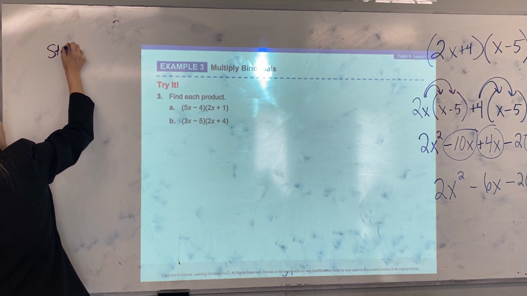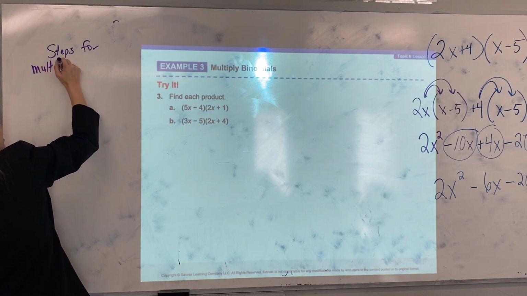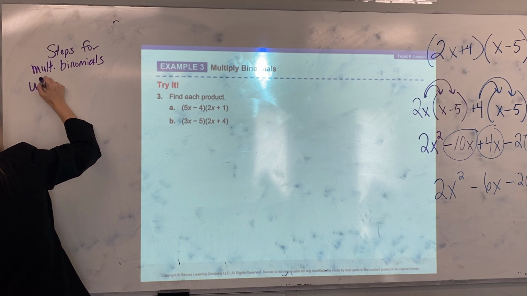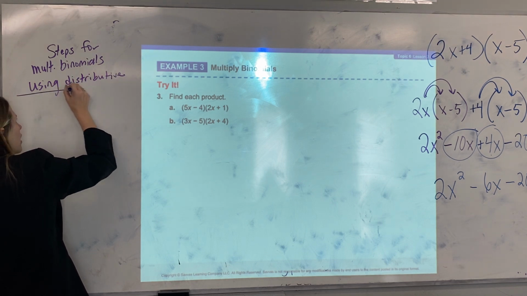Steps for multiplying binomials using distributive property.